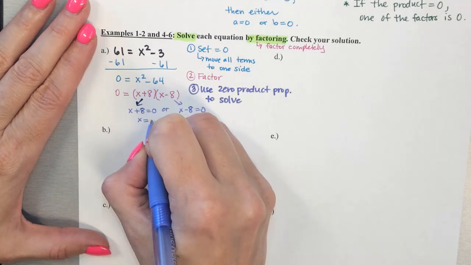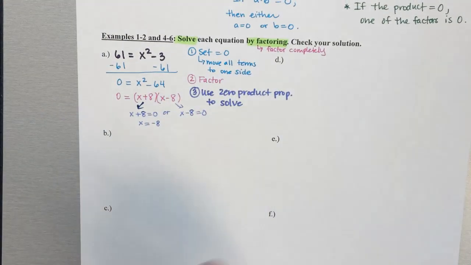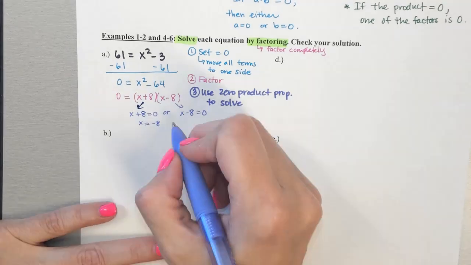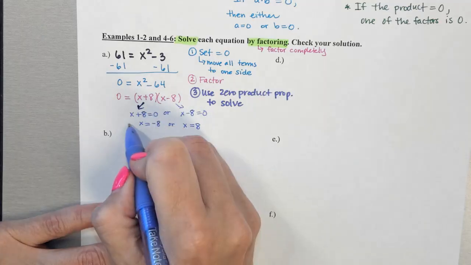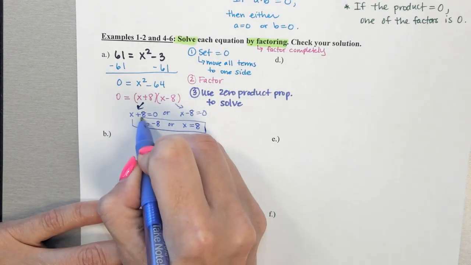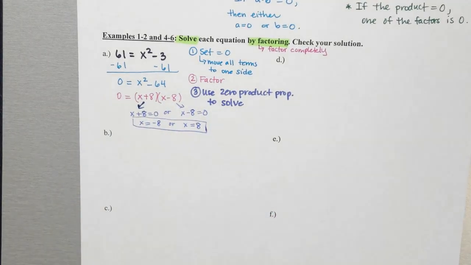As long as you have this step where you set each one equal to 0, that's fine. And then we would add this one over. Now this is going to be your final answer. Anytime you have to solve, you are going to be solving for x.